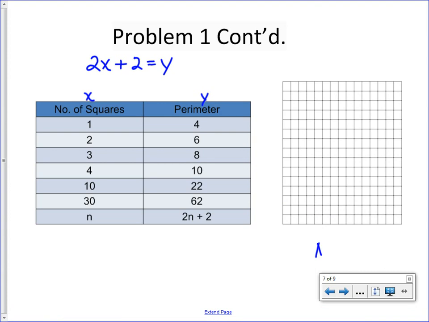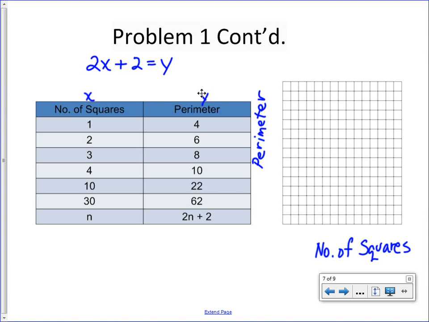Number of squares is our x and goes on the horizontal axis as our independent variable. The perimeter is our y and goes on the vertical axis, like this.